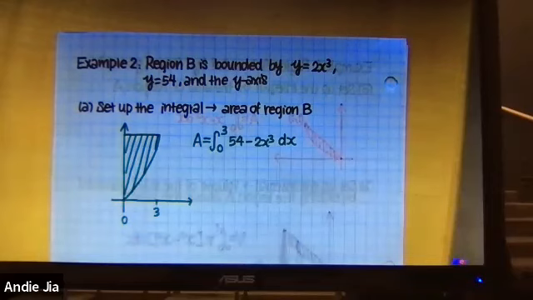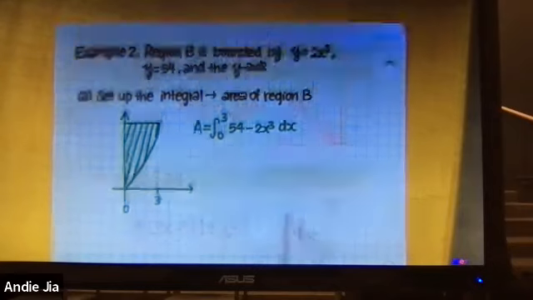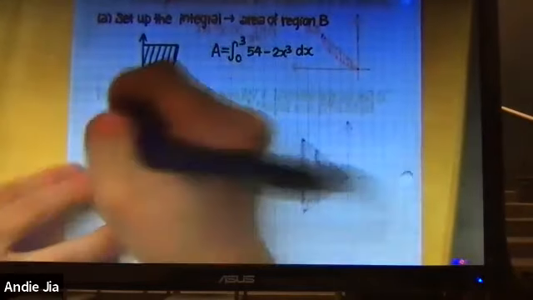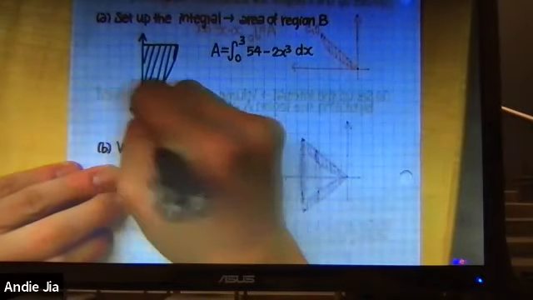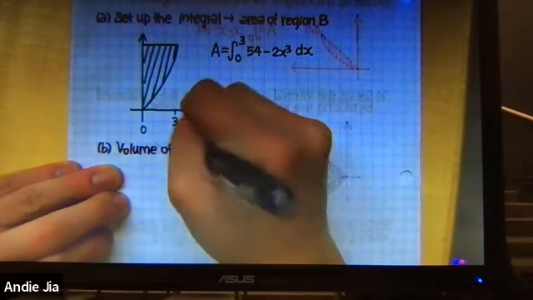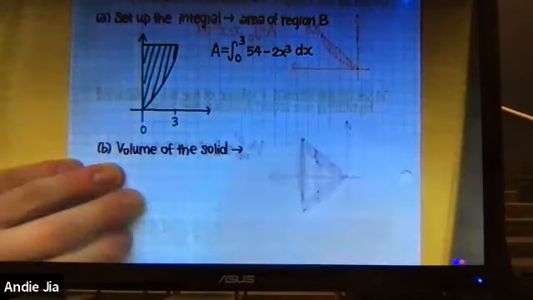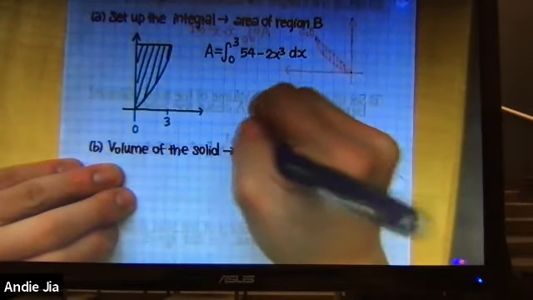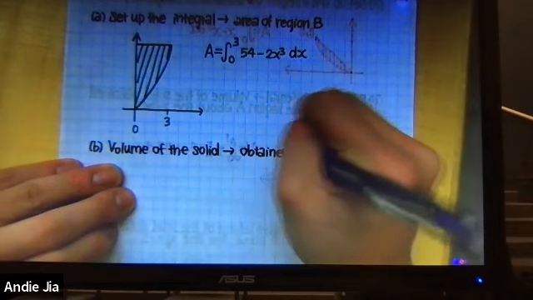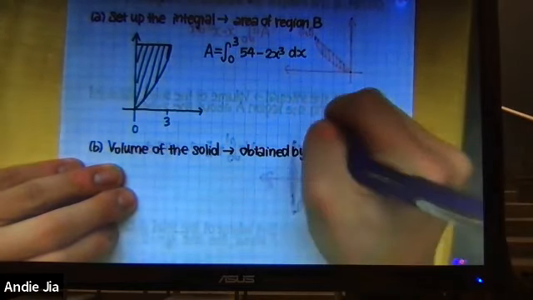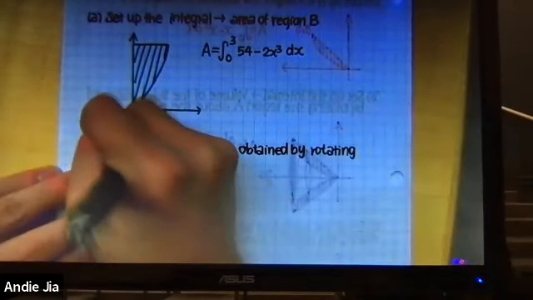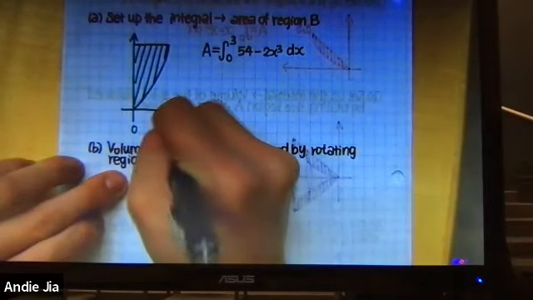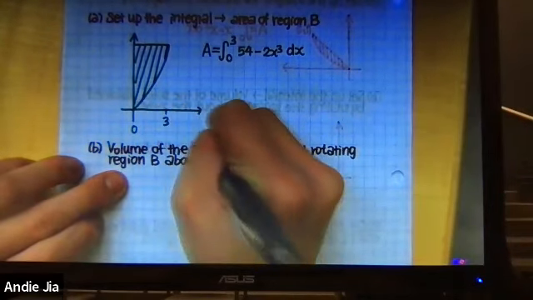What if we want the volume of the solid obtained by rotating the region about the y-axis?